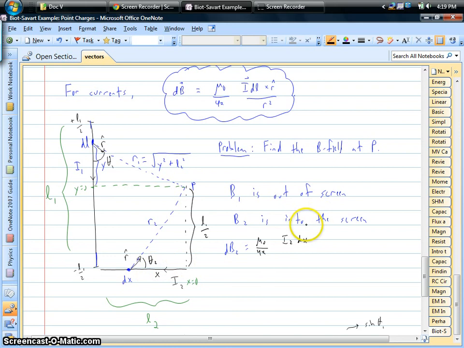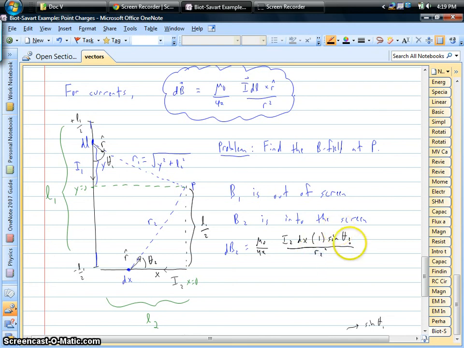X is our variable for this one. The magnitude of our hat is just 1, and we're going to need the sine of angle 2. That's how we do magnitudes of cross products. And that's all going to be over r2 squared.